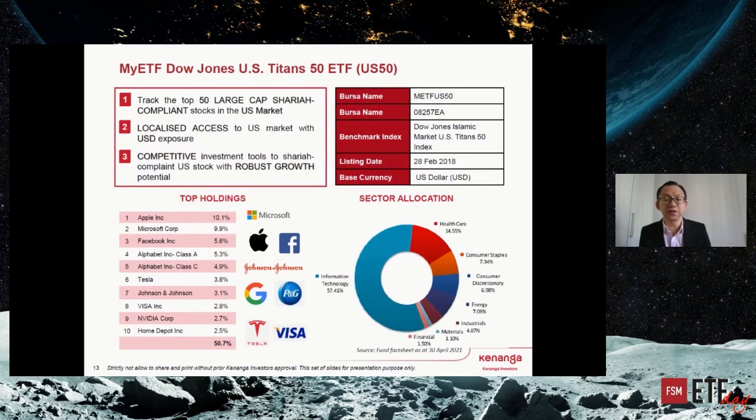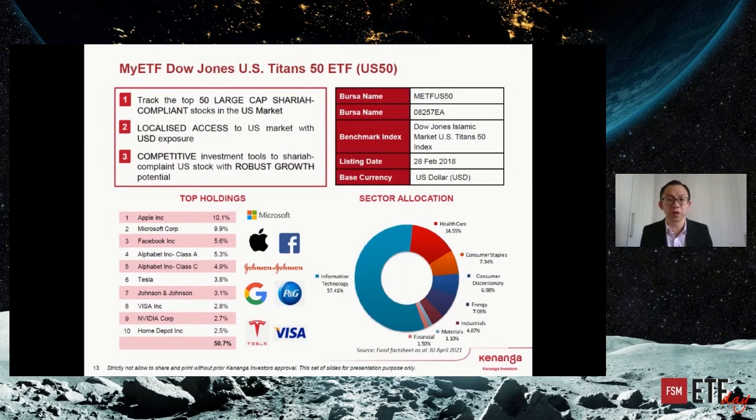But in order for us to have exposure to the US market, you need to open a broking account, you need to convert your ringgit into USD and so on.